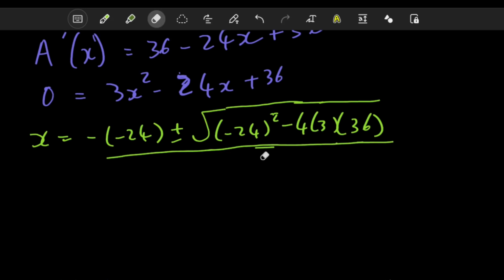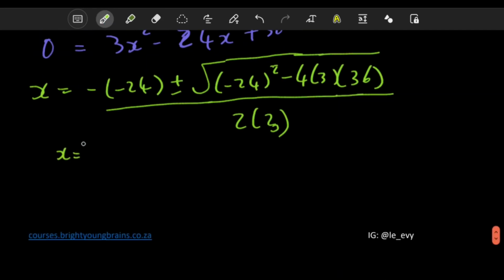So solving for x here, you're going to have two values, right? So here in the calculator, x is equal to 6, or x is equal to a positive 2.